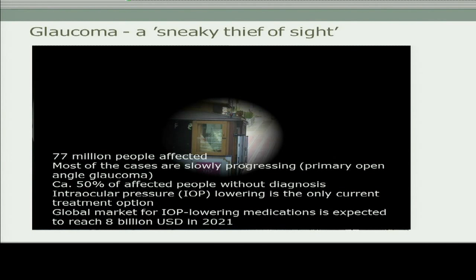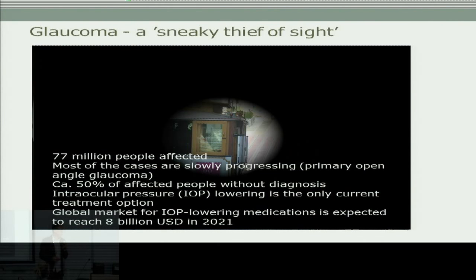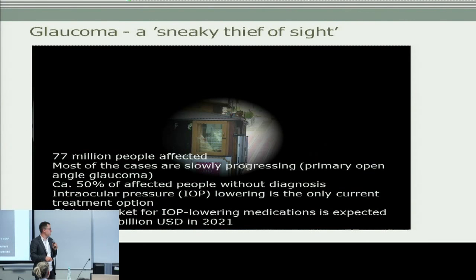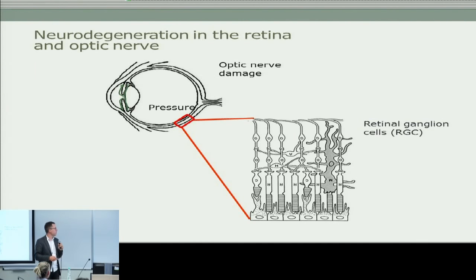It's in fact only the lowering of intraocular pressure, and it's also a huge economical problem and huge market for anti-glaucoma medications. Right now, it's estimated that the global market for IOP lowering medication would be $8 billion in 2021.